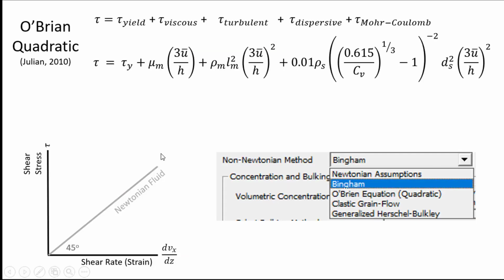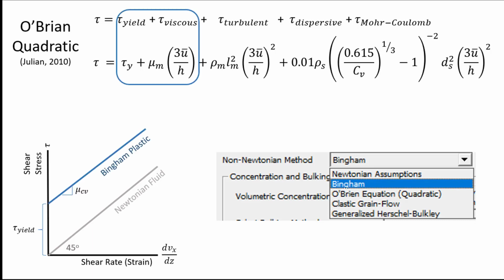If you want to use a nonlinear model, we talked about how, in general, the Bingham model works pretty well. The Bingham model is just this first part: the yield strength plus viscosity times the shear. It's helpful to think about this as breaking it down into different additive components of the shear: a yield component and a viscous component.